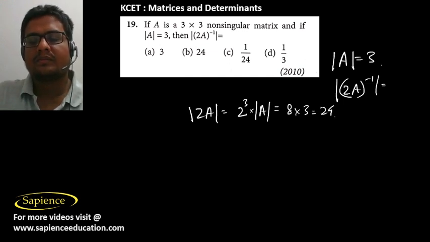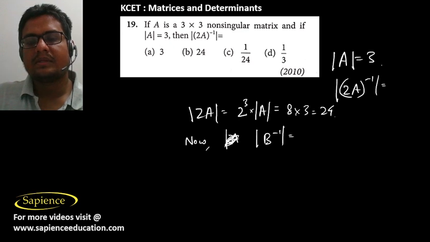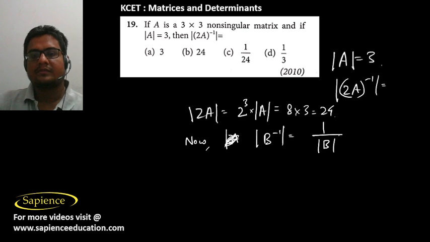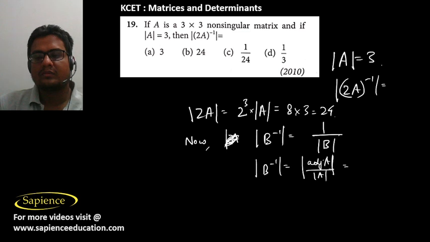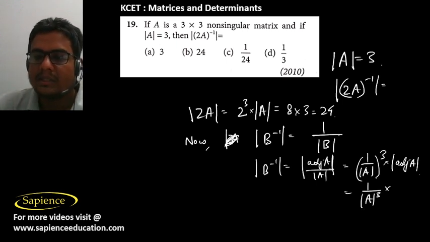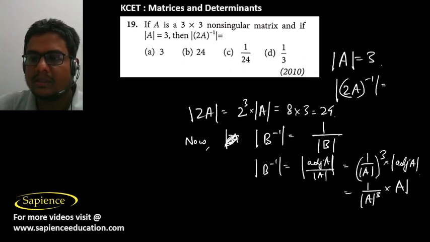So that is 24. Now, we know that the determinant of B inverse is equal to 1 by the determinant of B, since the determinant of B inverse is given as the determinant of adjoint of B by determinant of B. So that is equal to 1 by determinant of A whole power 3 into the determinant of adjoint of A, and the determinant of adjoint of A is the determinant of A whole square.